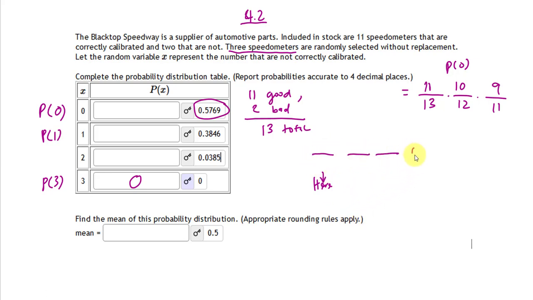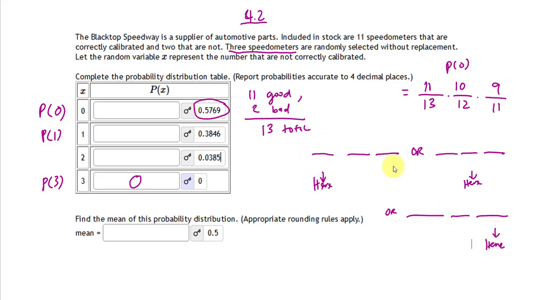Or you may get another situation where the bad one occurs at the second position, and the other 2 are the good ones, right? We are looking for one bad one. And then you may get another case where the bad one is the last. It happens at the last time that you draw the items out. It is here, and then the other 2 are the good ones first.